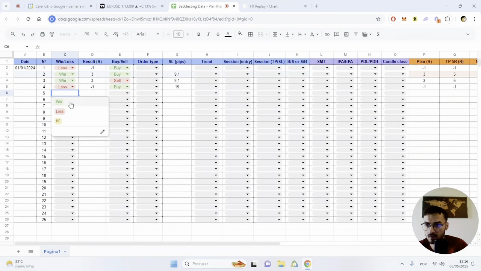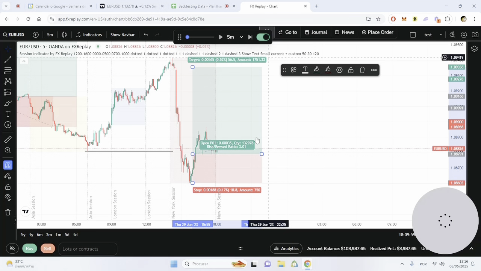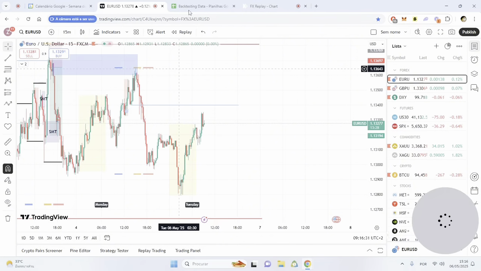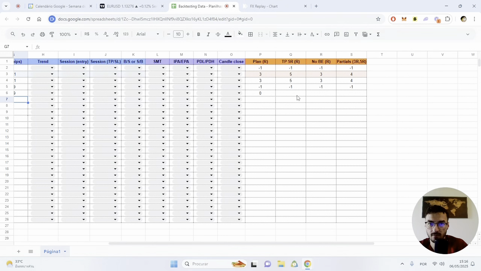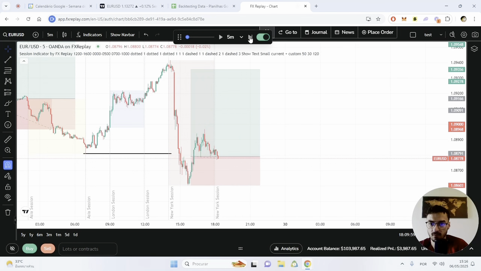Let's say here, it was a break even, zero loss, a buy, and we had an 18.8 stop loss. Okay, so 19 pips, just to be fast. So in here, we're out. This will be completely different because we don't do break evens over here. So let's see how the trade goes.